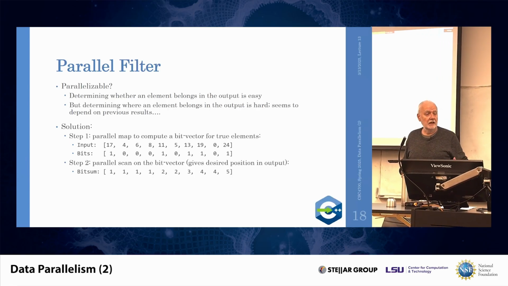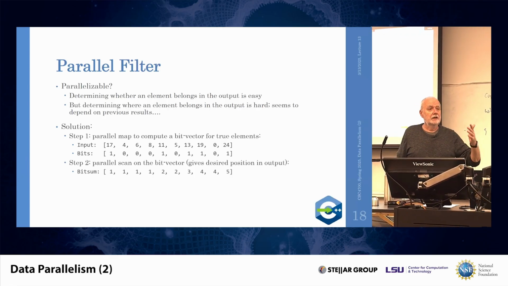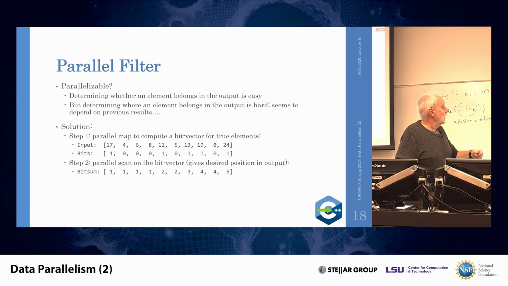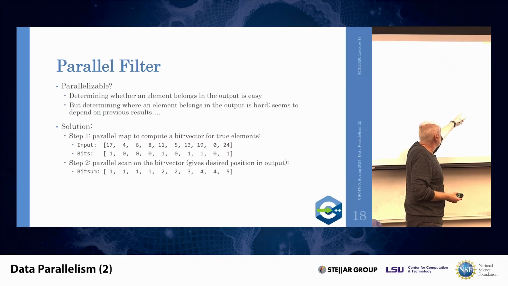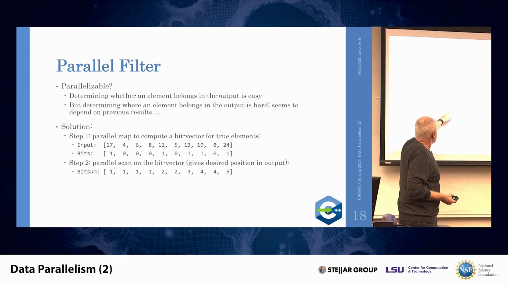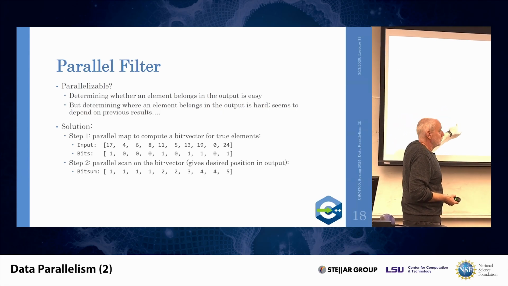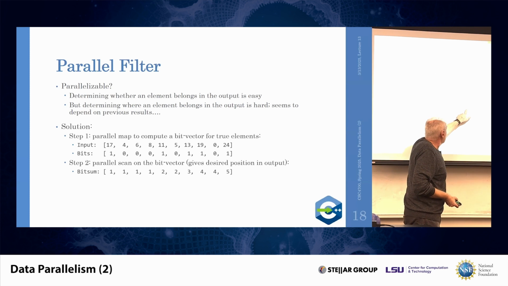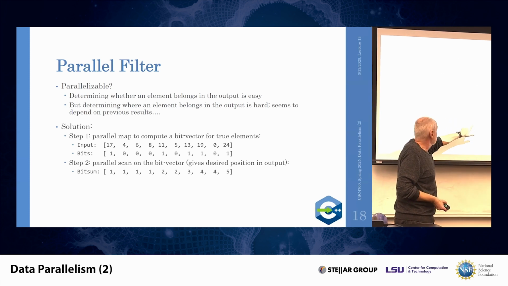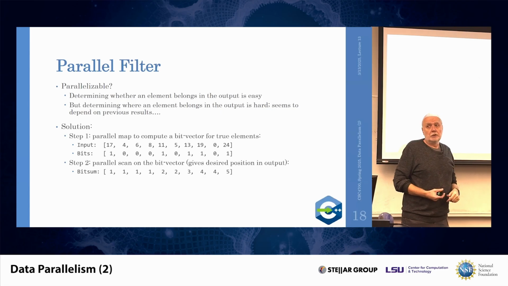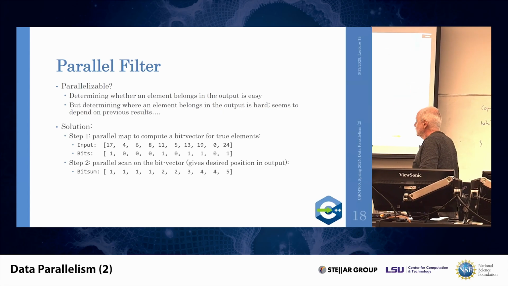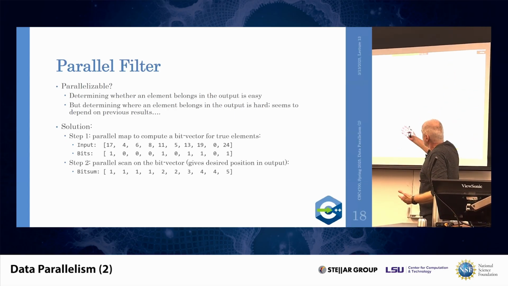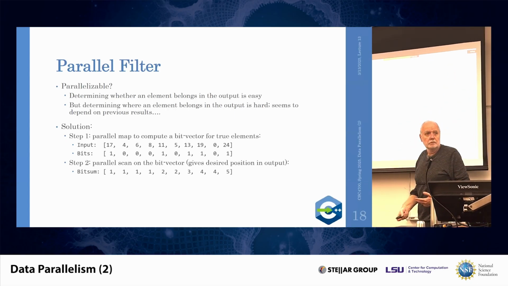Remember scan? Scan applies the given operation for each element. So essentially it sums up how many indices are being used up to this point. So that one uses one output spot. The 4 doesn't use one, so we are still at index 1. The 11 uses the next spot, so we are at index 2, and so on and so on. So you see, applying the scan operation on that bit vector already gives us the positions where things have to go, where each of the elements should go in your output, right?